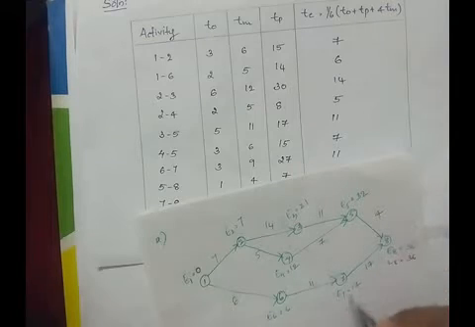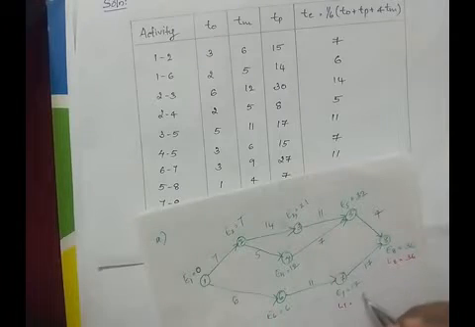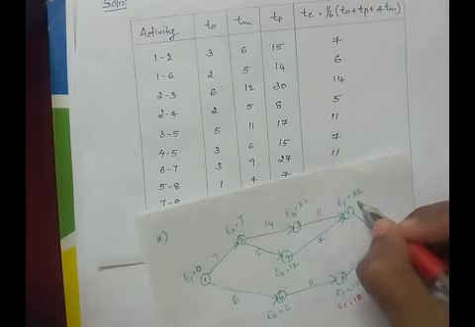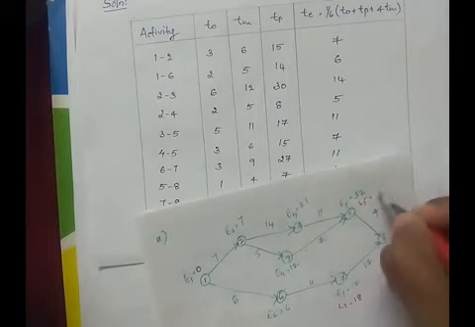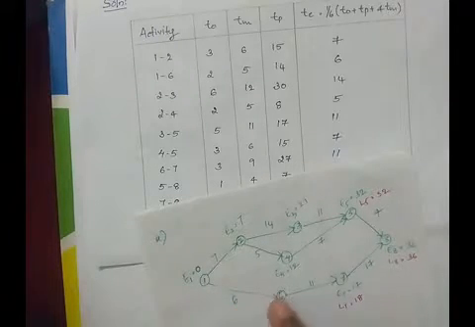L7 will be 36 minus 17, which is 19. L5 will be 36 minus 4, which is 32. Like this we have to find the L values of the rest of the events.